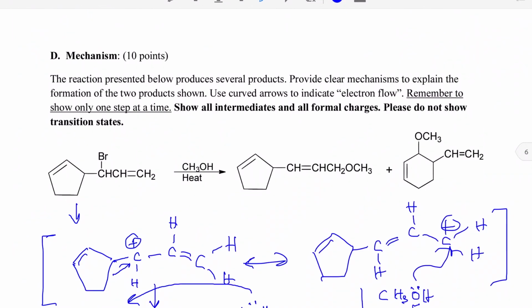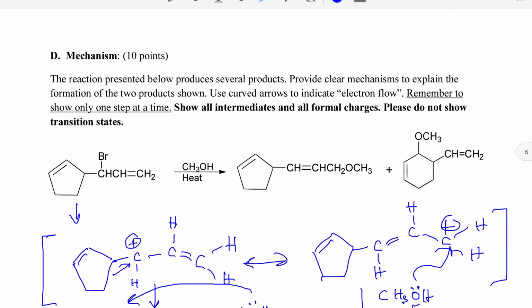So now we've got into part D, and this part asks us to write down the mechanism for this reaction. And so when we go about doing this, just for the sake of time, I have written down all the steps, but I will go through all of them in detail, and this should give you an idea of how these types of problems should be addressed.